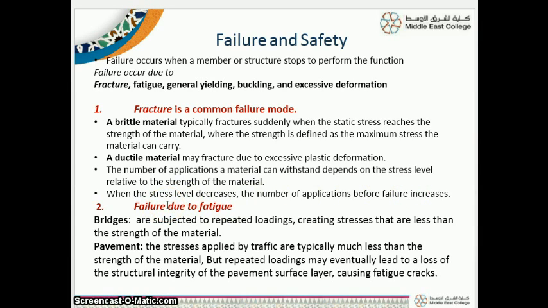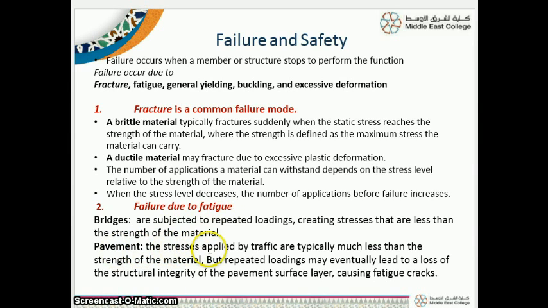Now failure due to fatigue. These types of failures may occur in bridges and pavements, due to continuous loads or up and down loads. They are subjected to repeated loadings, creating stresses that are less than the strength of the material.